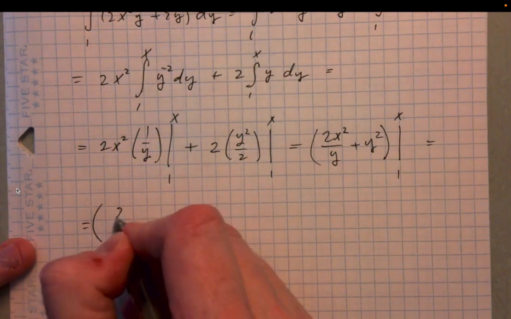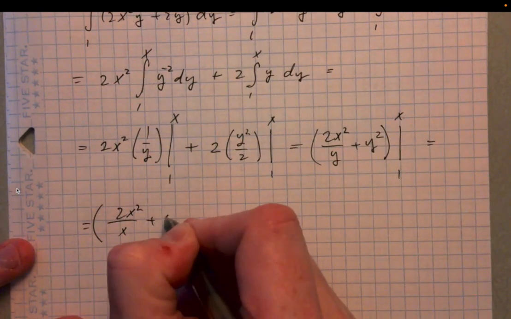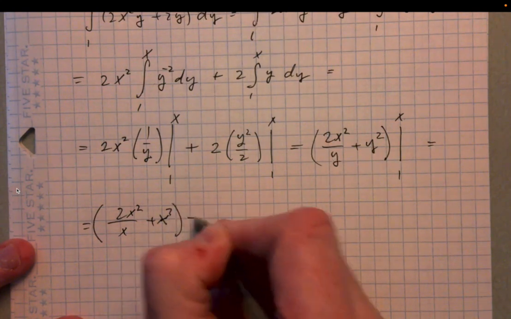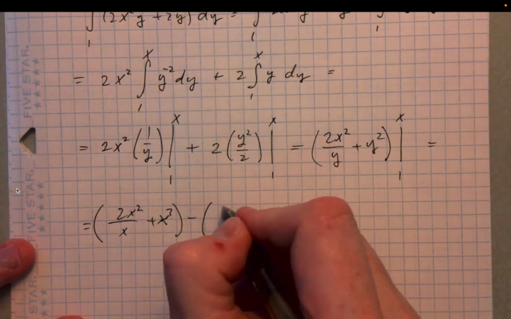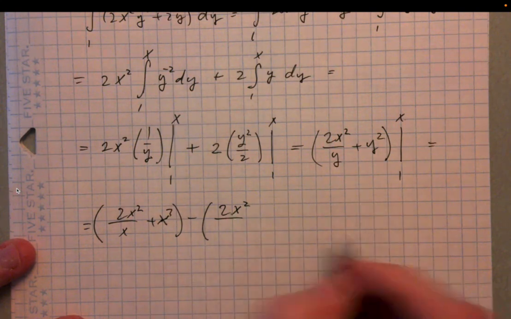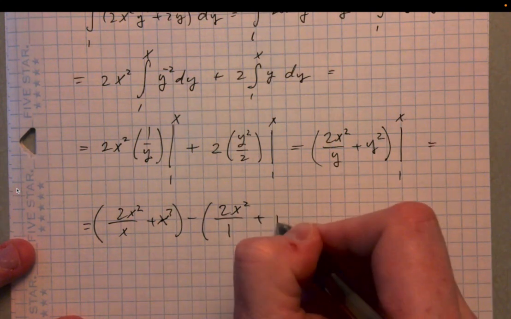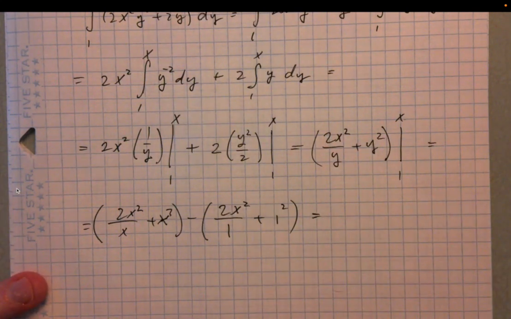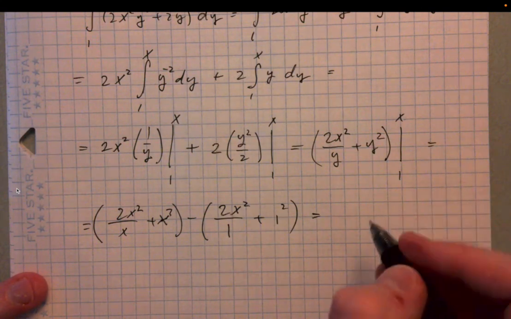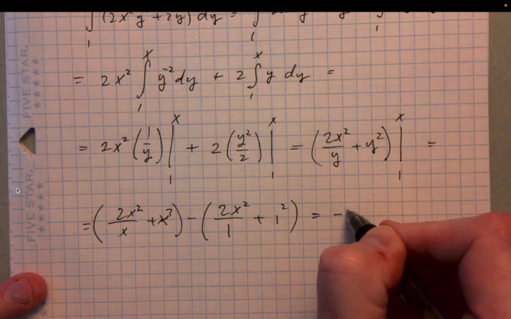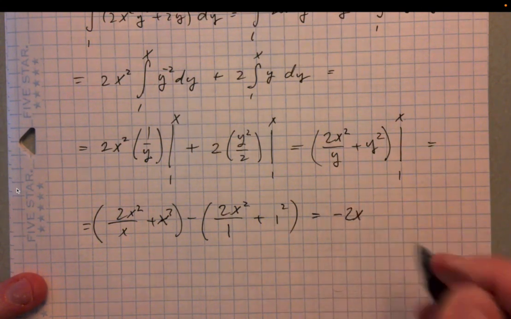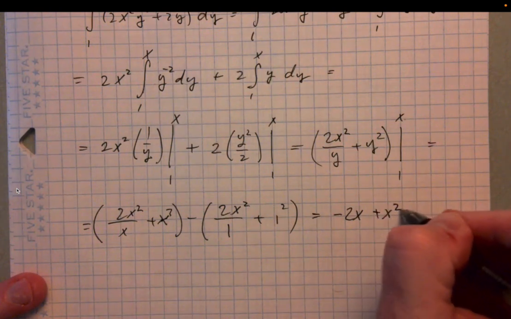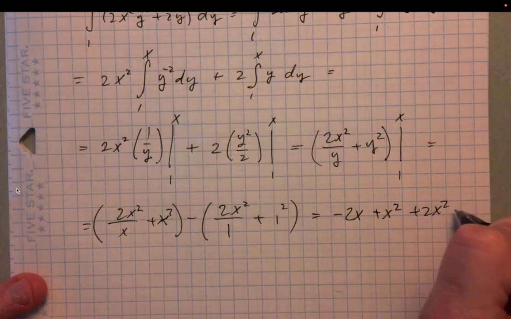So you're going to get 2x squared over x plus x squared, and then minus 2x squared over 1 plus 1 squared. All right, so you're going to get that. And this simplifies down nicely into negative, let's see, 2x plus x squared plus 2x squared minus 1.